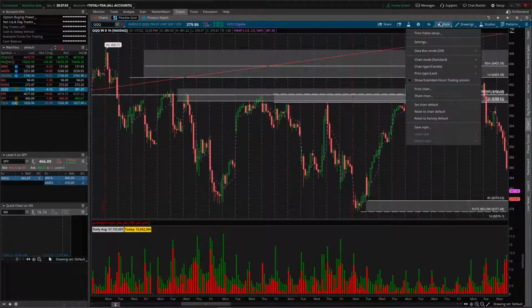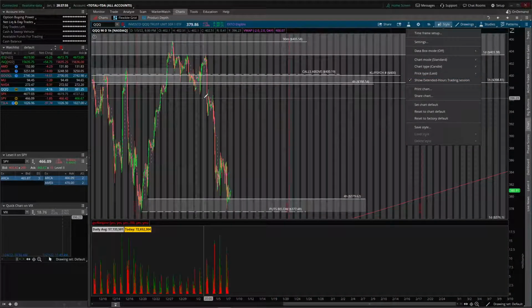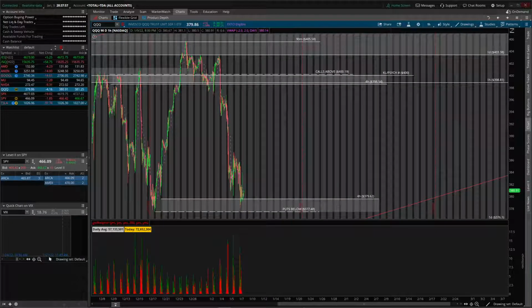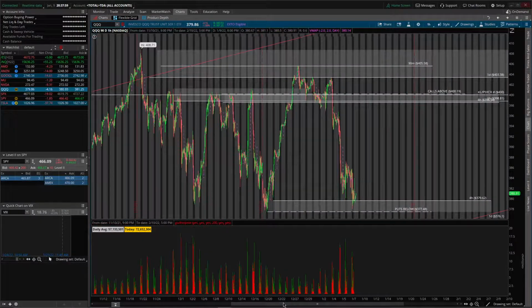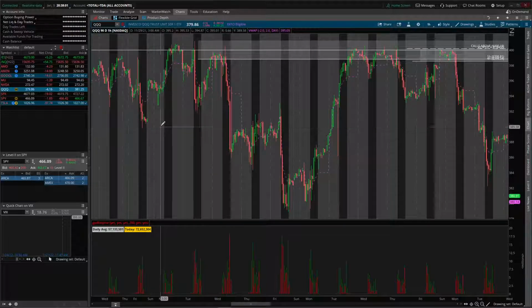So I'm going to turn on extended hours just so you guys can see how price was behaving here at the open the following day, okay?